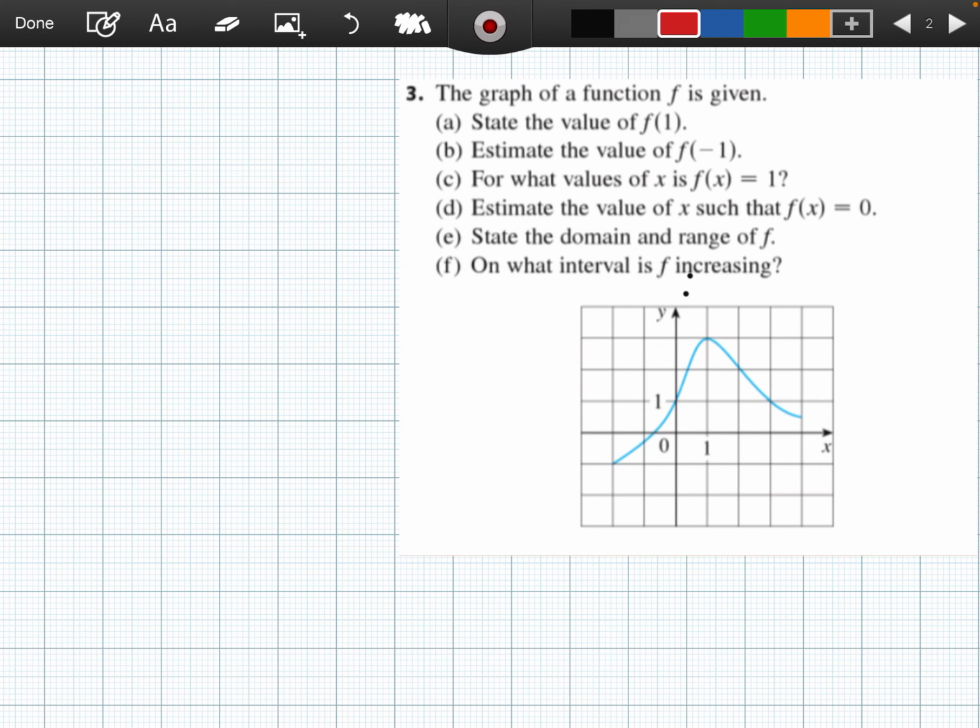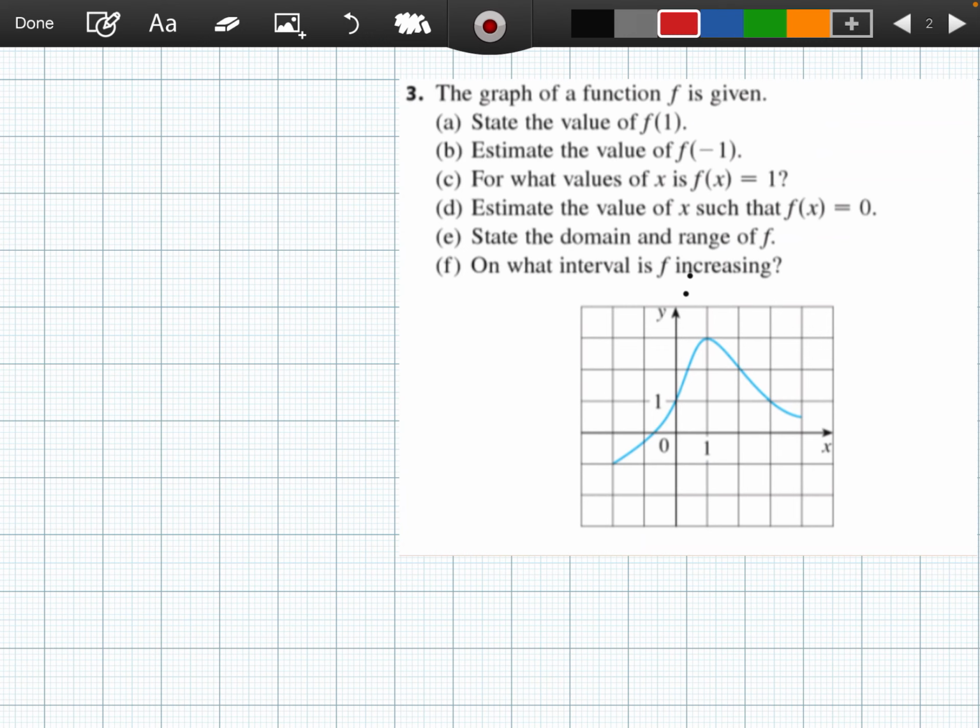I have prepared some questions. Hopefully they will help. The first question: given the graph of a function f, state the value of f of 1. Graphically, how do we find the image, or to which element the number 1 is paired?